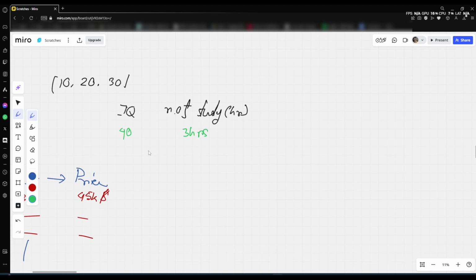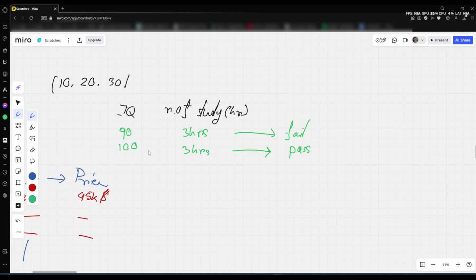If IQ is 40 and number of study hours is 3, then definitely it's going to be a fail, right? It is a fail. Then if the IQ is 100 and number of study hours is 2, yes, this person is going to pass the exam.